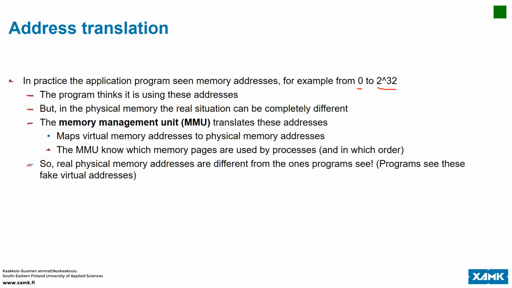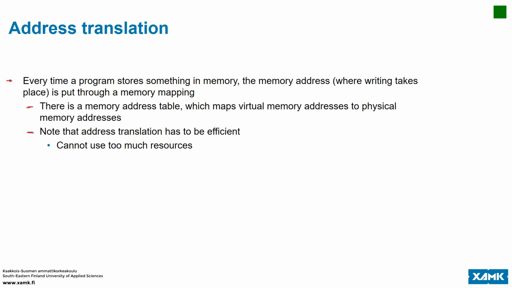So real physical memory addresses are different from the ones that programs see. Programs see these fake virtual addresses instead. And every time a program needs to access something in memory, that memory address where the writing or reading takes place is put through what is called memory mapping.